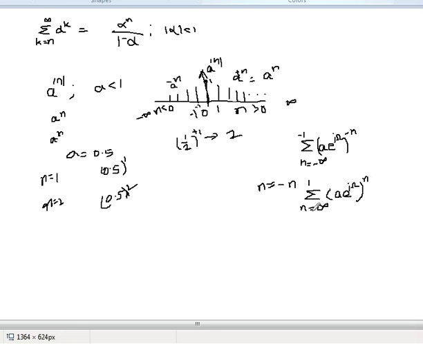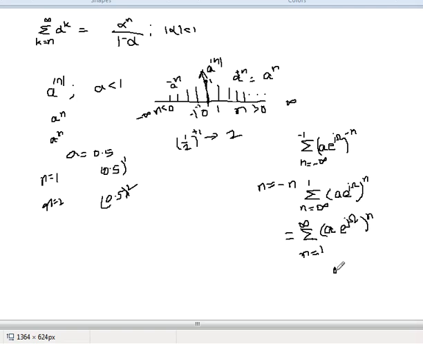And the summation will always have the lower limit, means we write it as n is equal to 1 up to infinity. We write the lower one at lower place, and summation upper infinity, and this a into e raised to j omega raised to n. And this can be solved with the formula.